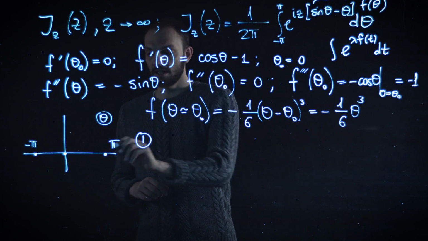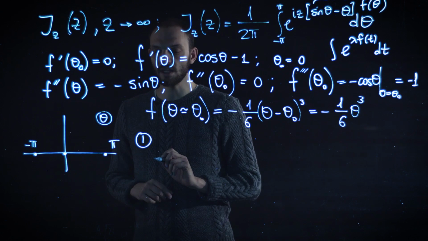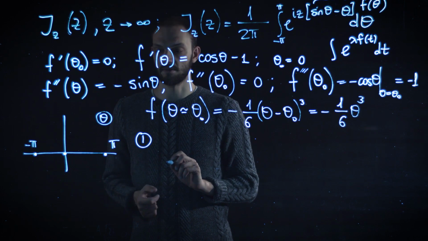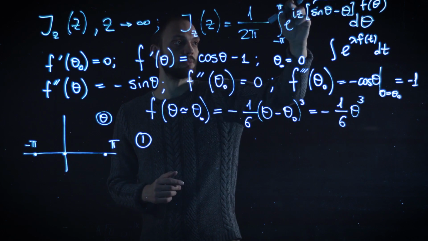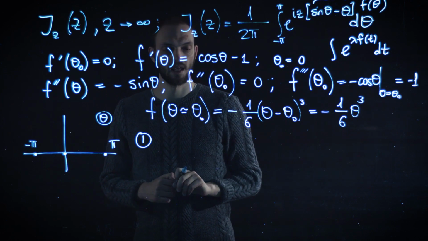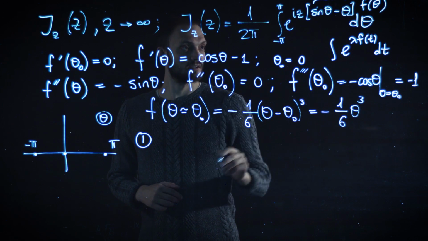Concerning the stationary point itself, as usual, we need to find the directions of the steepest descent of the exponent in the integrand. So for this, we need to analyze this expression.